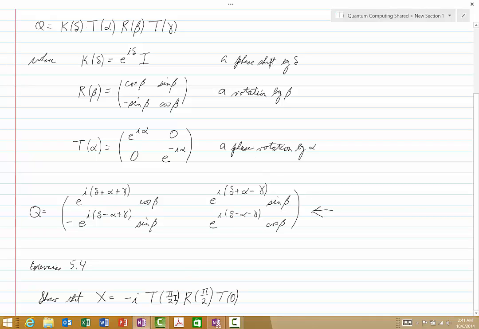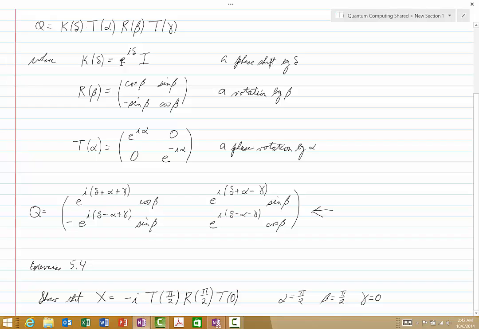Clearly alpha is equal to pi over 2. If we compare this expression up here at the top for Q with this expression here, we see that alpha is equal to pi over 2, beta is equal to pi over 2, and gamma is equal to 0, and the only thing that remains is to figure out what delta is.